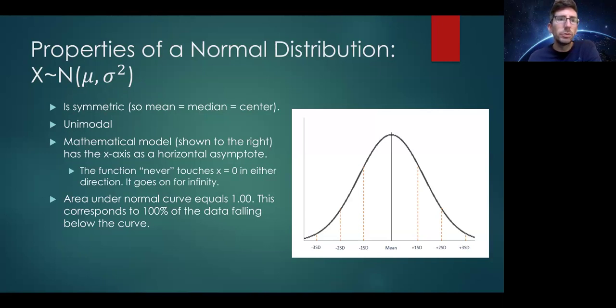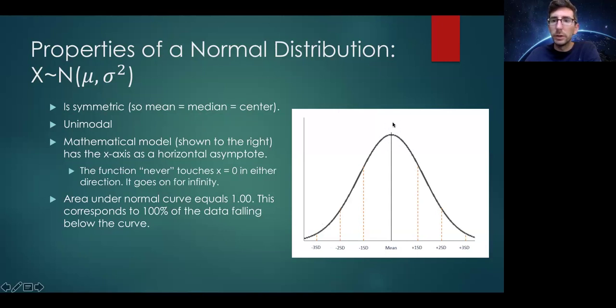So the normal distribution is symmetric. If you remember from a few videos ago in chapter 3, when we talked about symmetric histograms or symmetric distributions, this means that our mean is the same as our median, which means our mean is at the center, because the median is the number that cuts your data set in half.